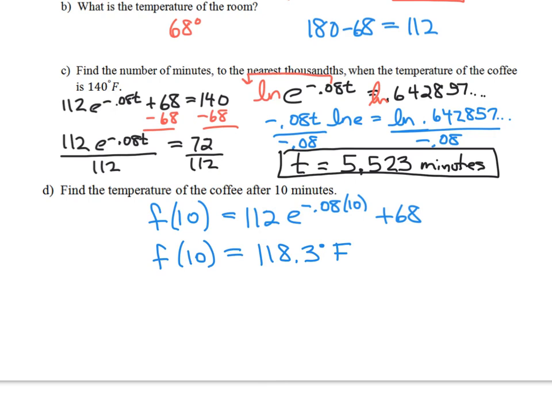So I see that the temperature of my coffee went from a beginning temperature of 180 degrees. After 10 minutes, it had dropped all the way down to 118 degrees. And again, that answer makes sense because think about what happens when you bring your coffee to a cooler place. This time we were just putting it in our cooler room, 68 degrees.